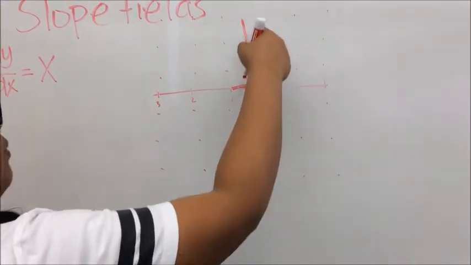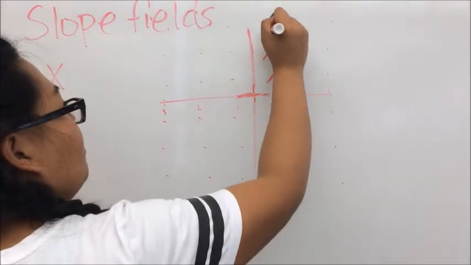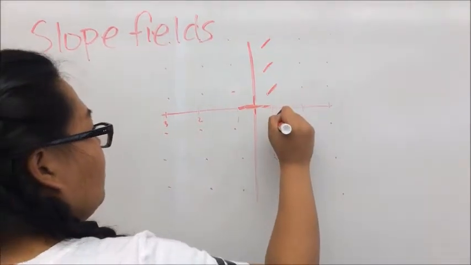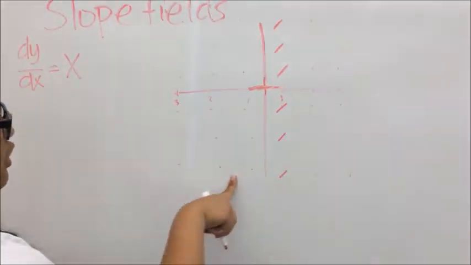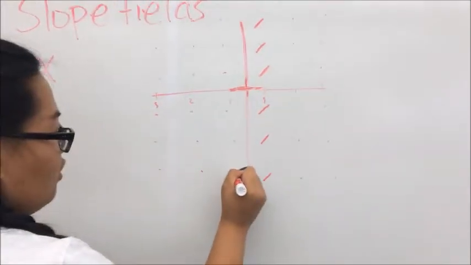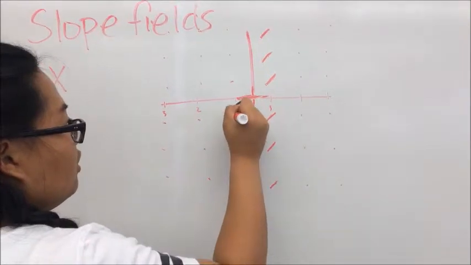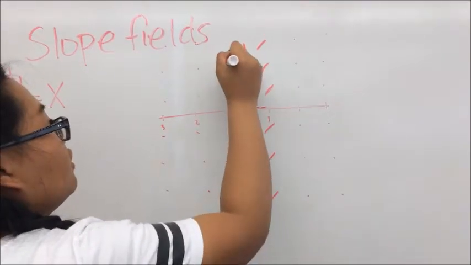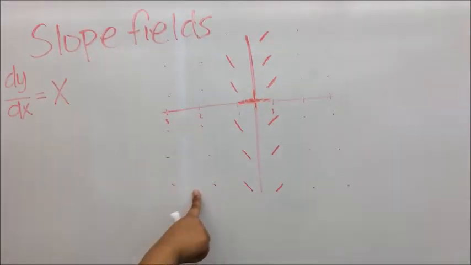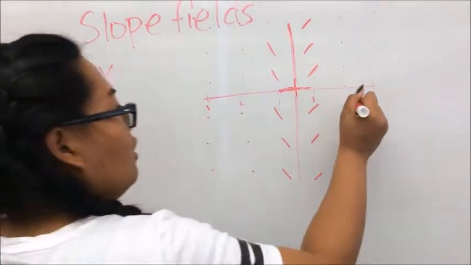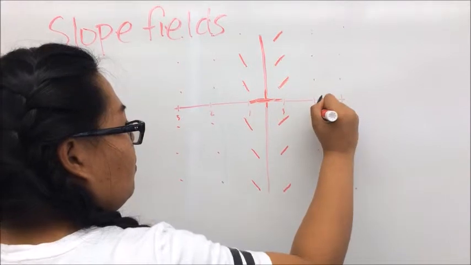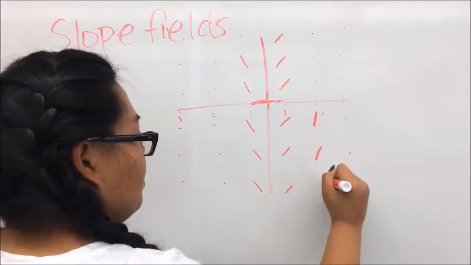Then you just keep moving up, so basically they're all going to have the same slope for x equals 1. As for negative 1, they're just going to be negative 1. So just like that. And then for 2, the slope is going to be 2, so it's going to be steeper. So it's going to be like that.